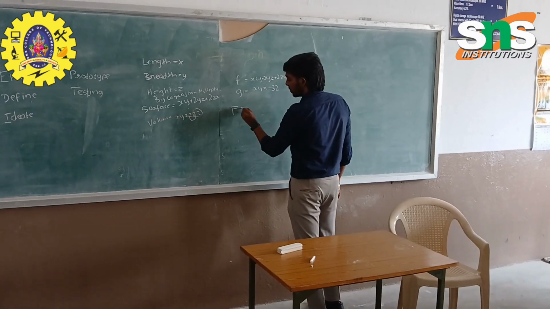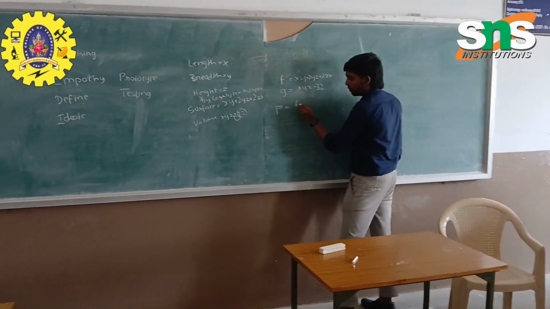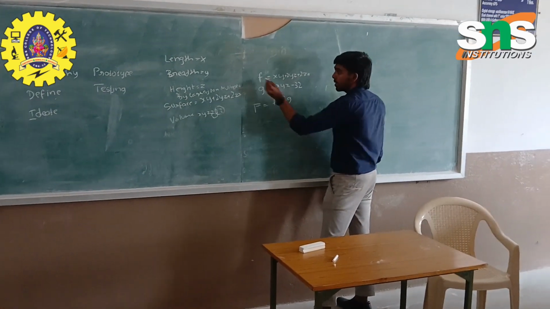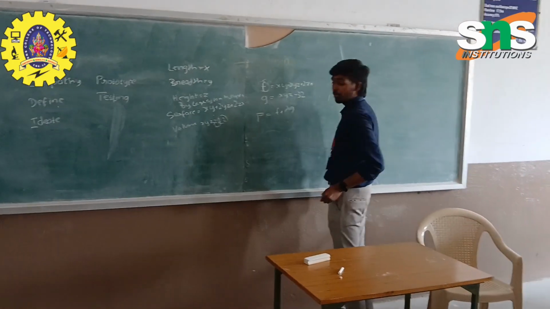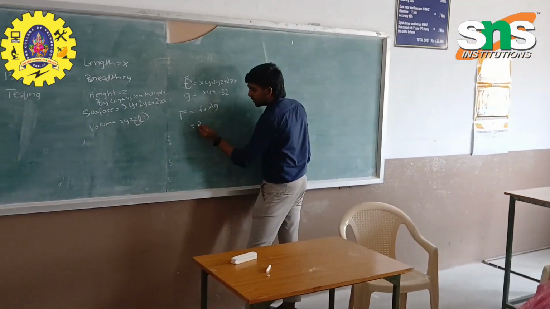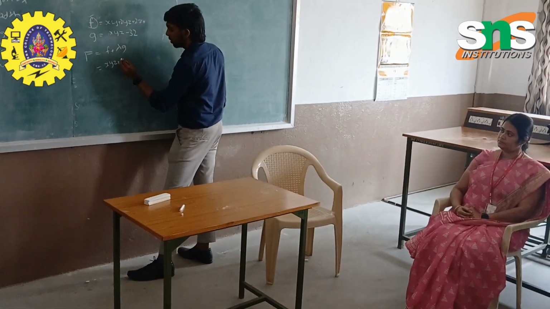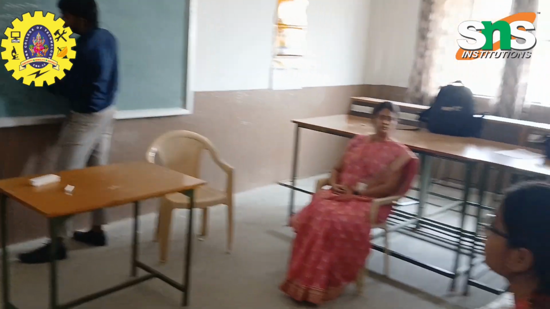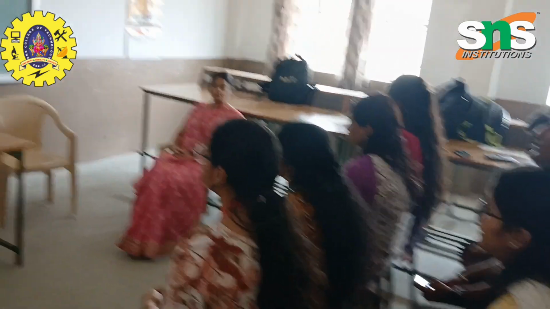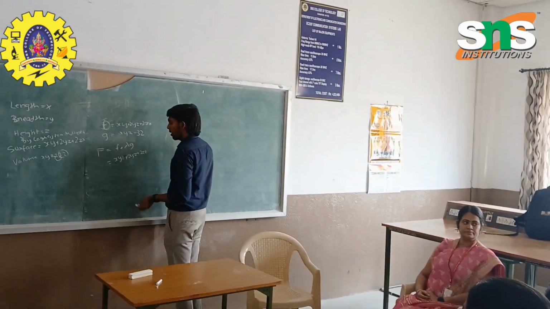Now F is equal to f plus lambda g, that is our surface area plus lambda times our volume. So the surface area is xy plus 2yz plus 2zx.